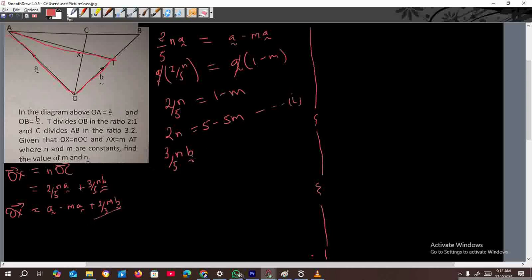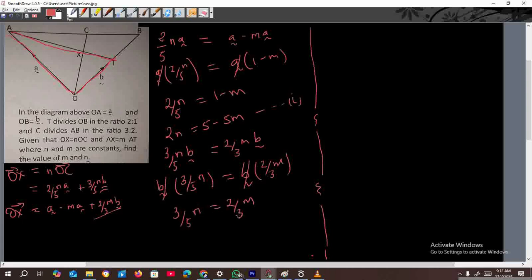Then in the second one, we have this one, be the same as 2/3 M vector B. Again, factor out vector B, 3/5 N be the same as B into 2/3 M. So the B cancels out in this case again, and will be left with 3/5 N be the same as 2/3 M. If we multiply through by 5, we're going to be left with 3N be the same as 10M over 3.